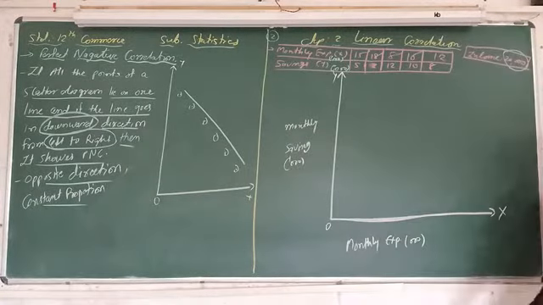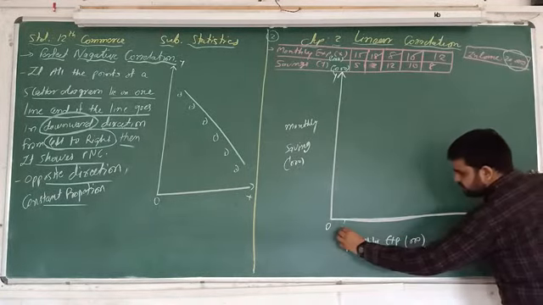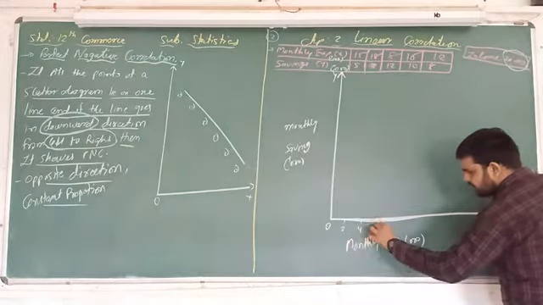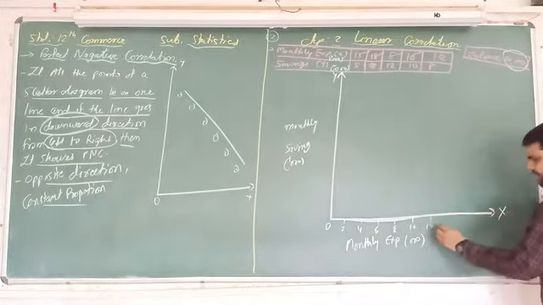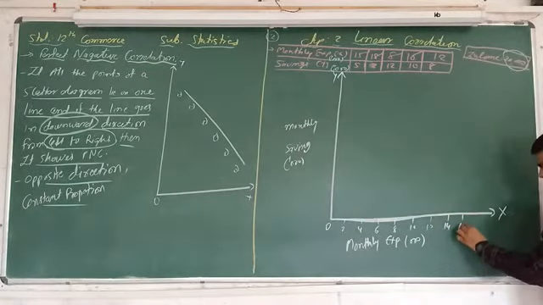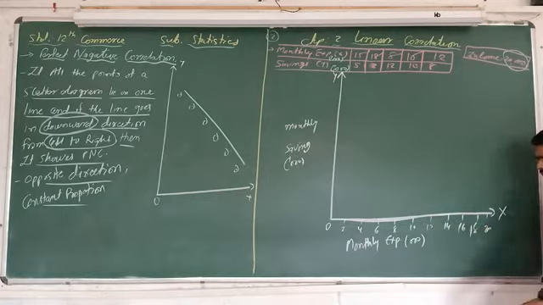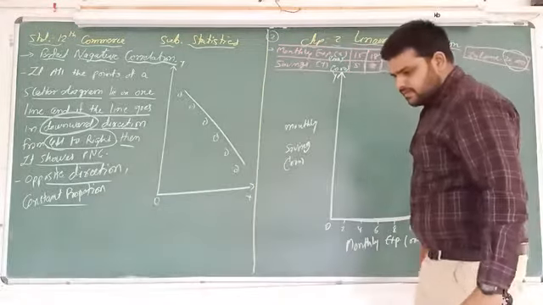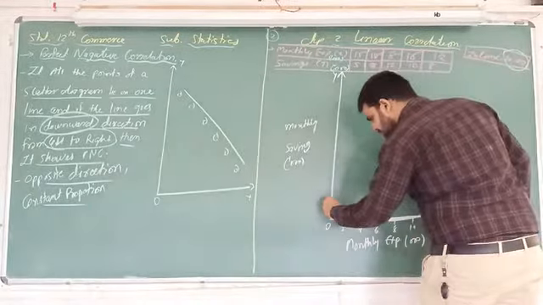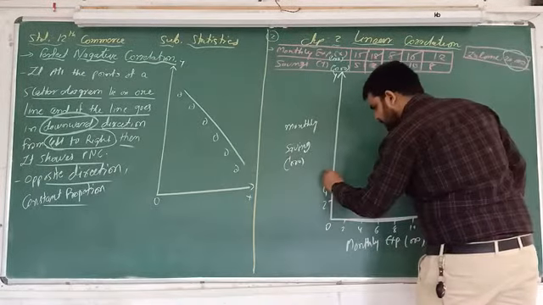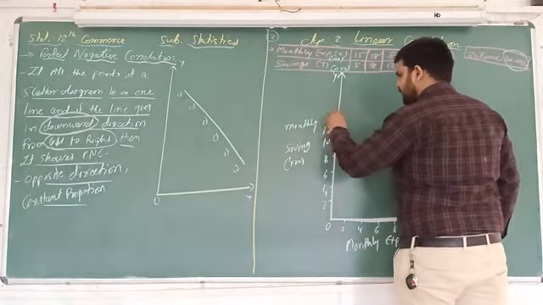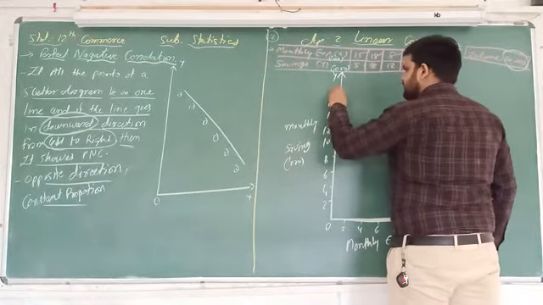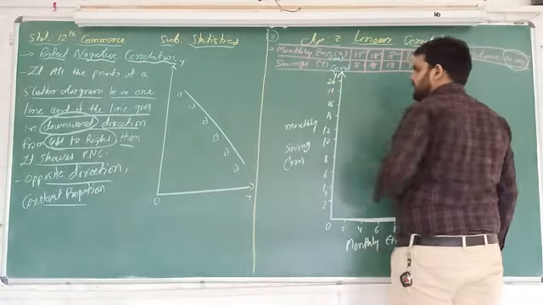Here we are taking 2 centimeters for the scale: 2, 4, 6, 8, 10, 12, 14, 16, 18 and 20 on the x-axis, and likewise 2, 4, 6, 8, 10, 12, 14, 16, 18 and 20 on the y-axis.